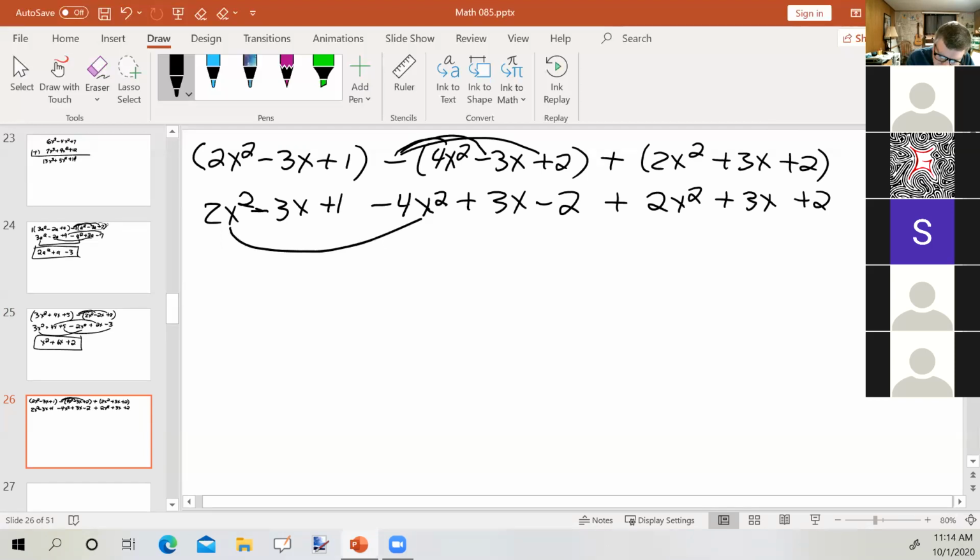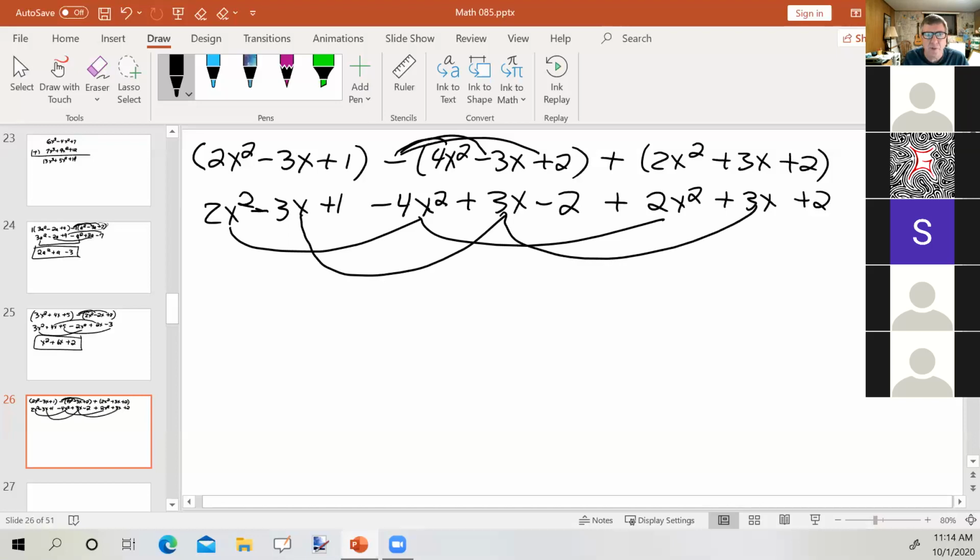Combining like terms, 2x squared minus 4x squared would be negative 2x squared, plus 2x squared is 0x squared. Now, I could write 0x squared, but I don't really need to in this context. I just won't write anything yet. Minus 3x plus 3x plus 3x.